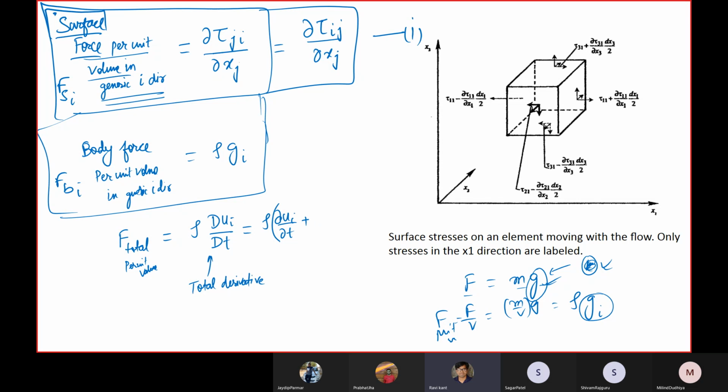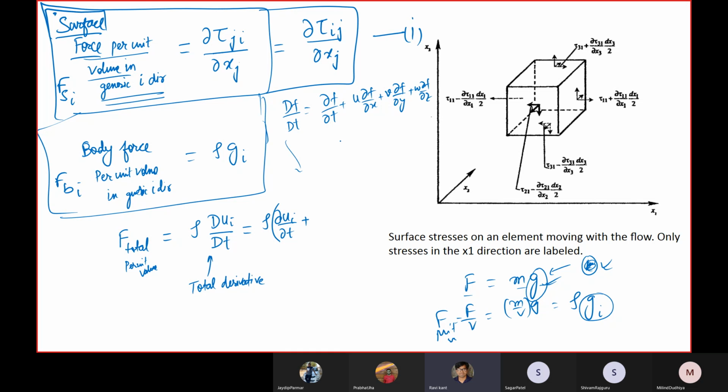So in tensor notation, what should we write there? Let's suppose I have a vector field f. Generally I used to write dou f by dou t plus u times dou f by dou x plus v times dou f by dou y plus w times dou f by dou z.